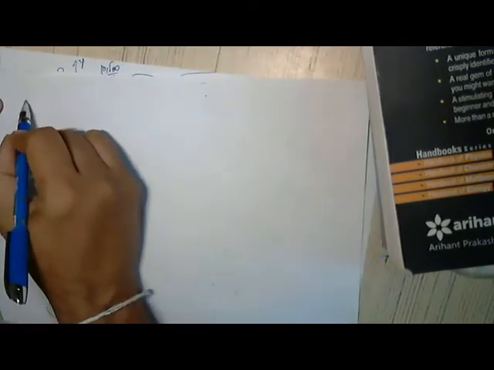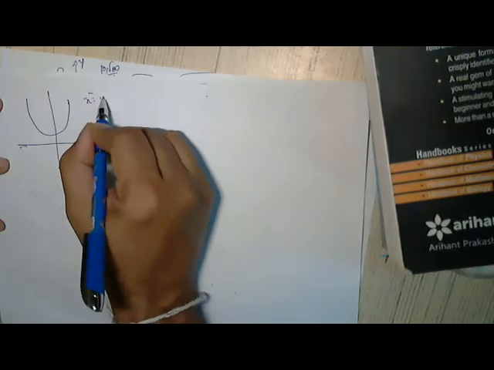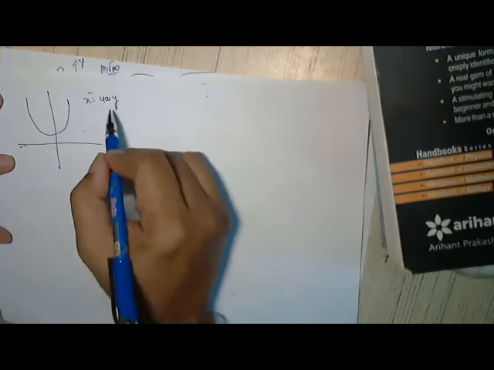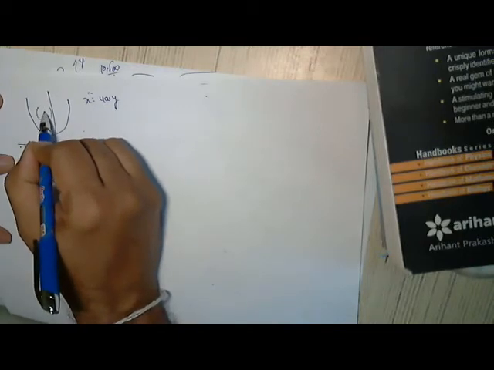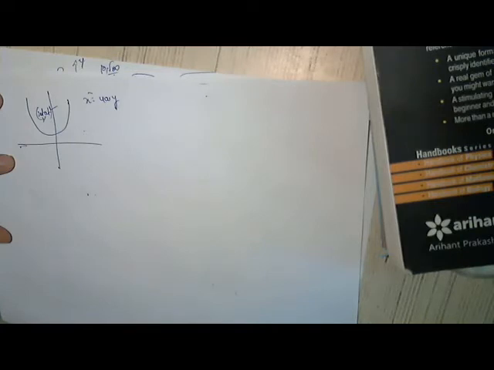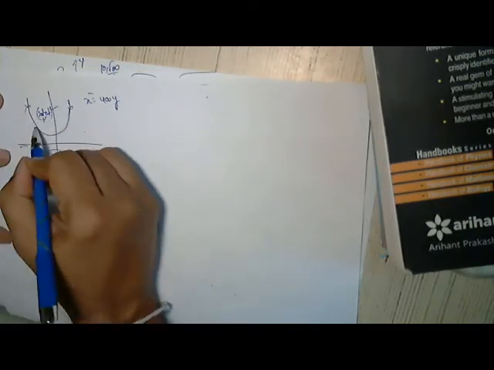Suppose the parabola is vertical. How is the parametric form represented? Here x square is equal to 4ay. So I take y as at square, and x becomes 2at. So this is 2at, at square. Any point on this.